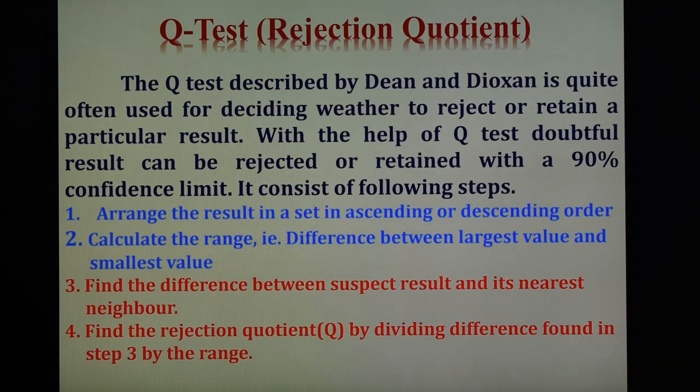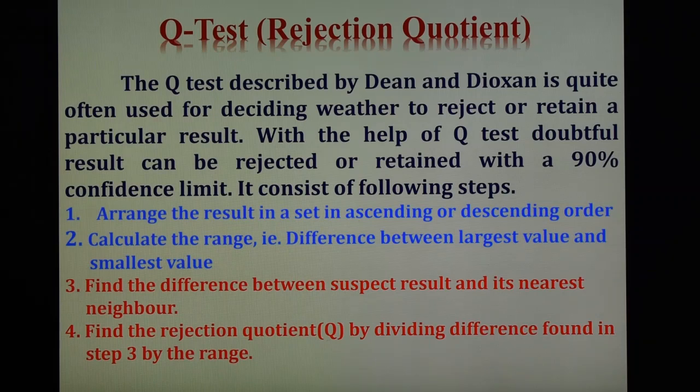The Q test can be used to decide whether the doubtful value can be rejected or retained using a 90% confidence limit. And this Q test consists of 5 steps, and these 5 steps are very important.